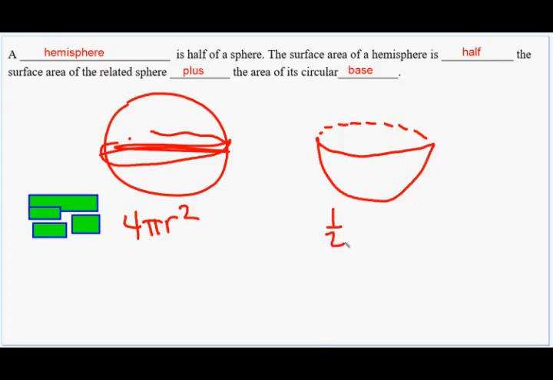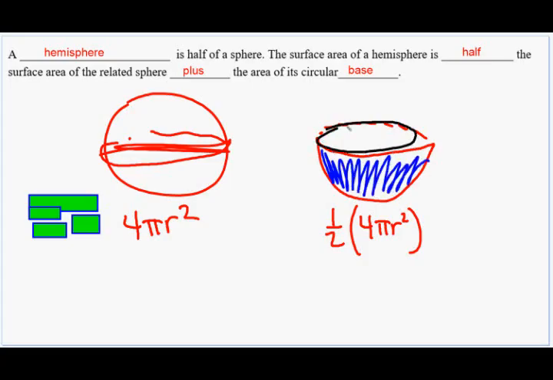So we would have half of the 4 pi r squared. That would cover sort of this blue part of the bowl. But now the top of this, we would need a lid for this bowl. So what I'm scribbling over in black ink there, we would need another circle of pi r squared.